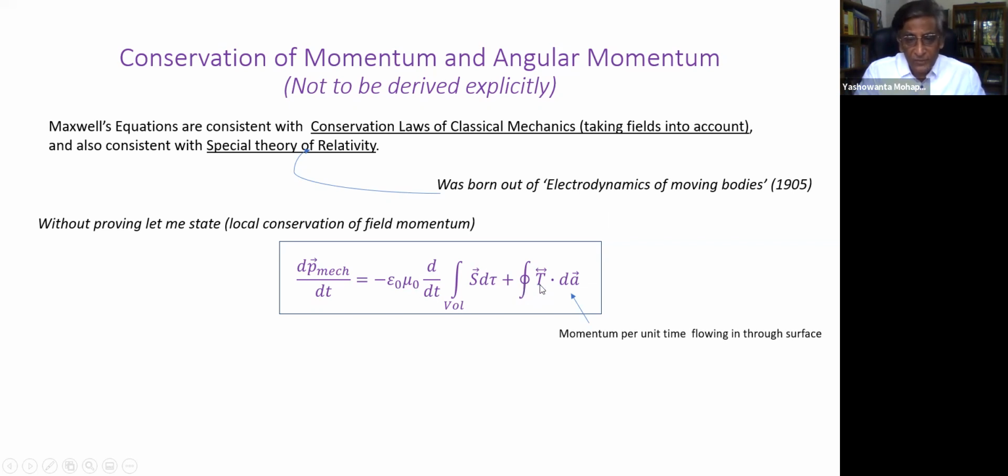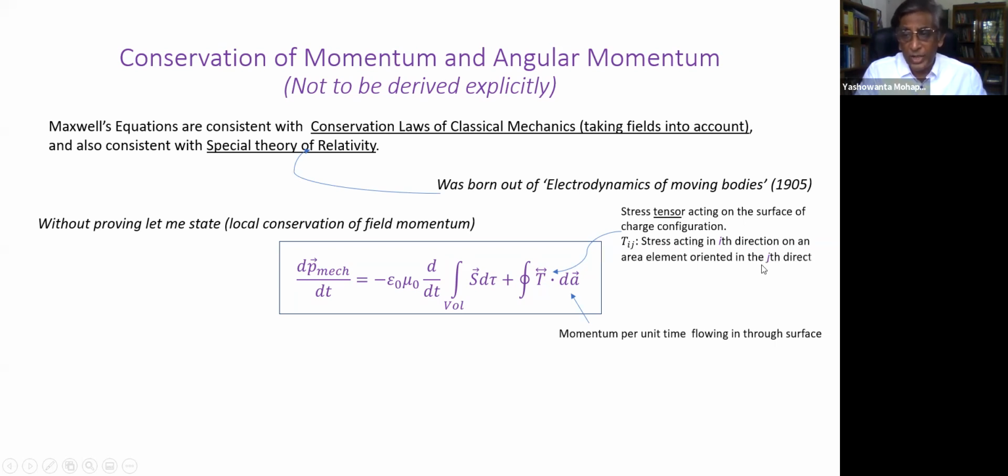So let's first look at what this T is. I had put a double arrowhead. It's a tensor, which is called the stress tensor. And why is it a tensor? It's acting on the surface of the charge configuration, because Tij is the stress acting in the ith direction on an area element oriented in the jth direction. That is why it's a tensor.